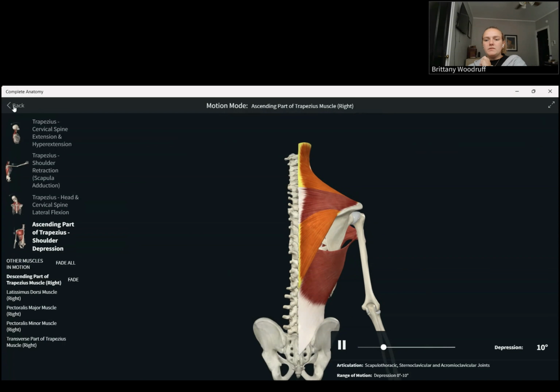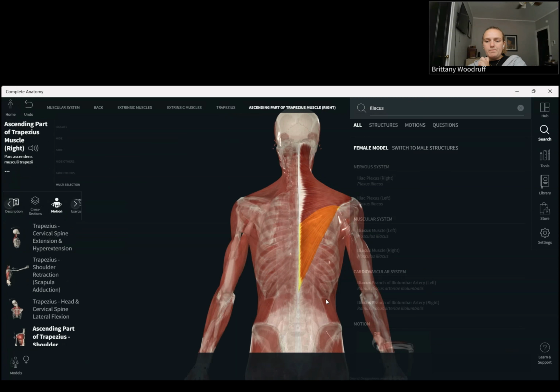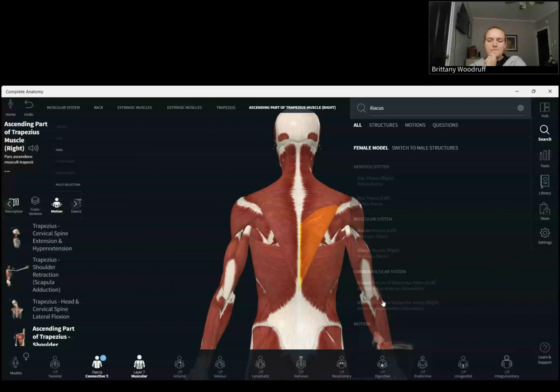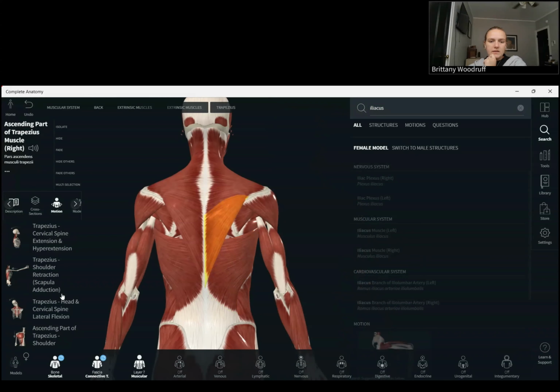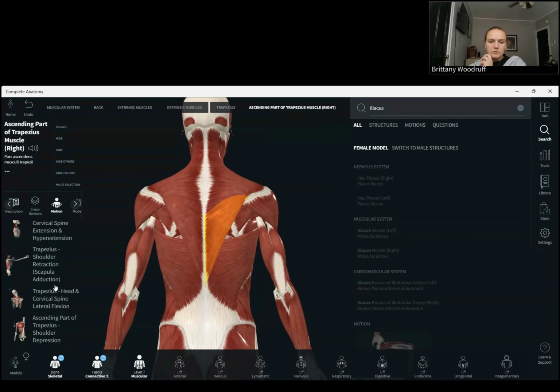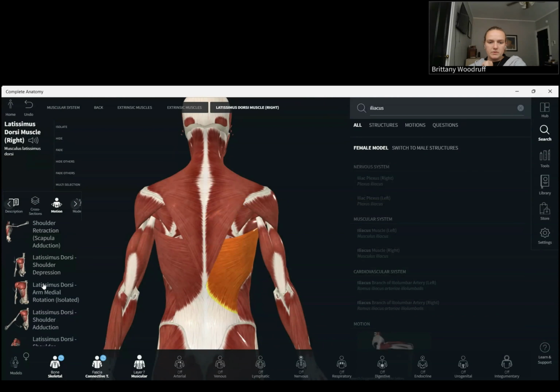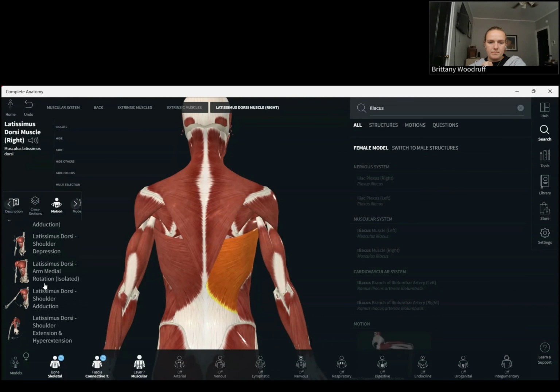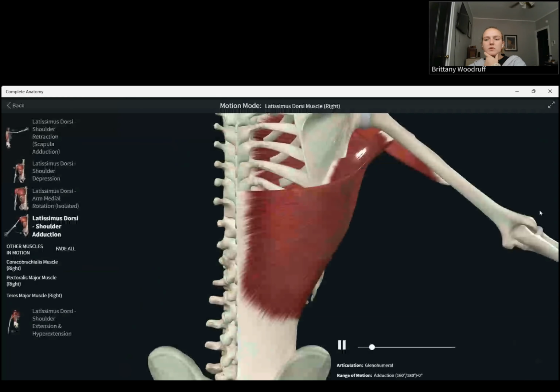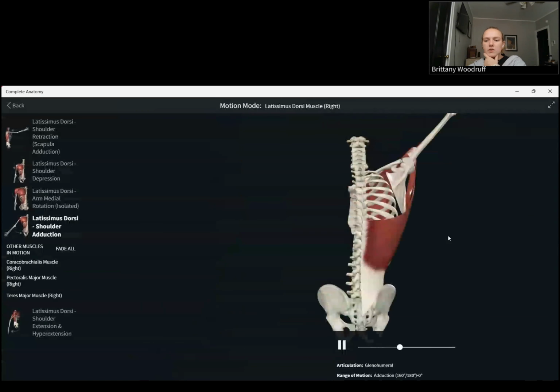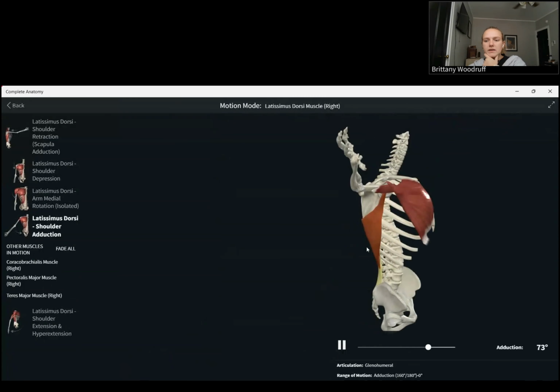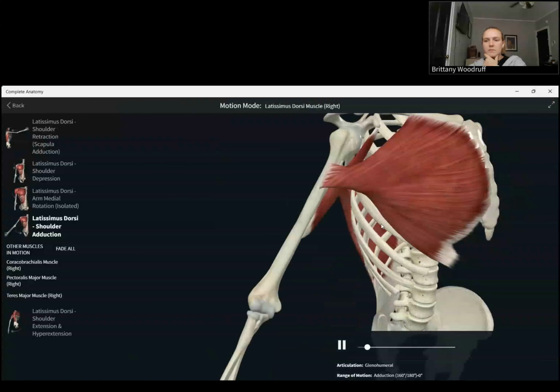Next, looking at your latissimus dorsi. Like I said, the latissimus dorsi is a good one to show you guys on. This one. You can see it wraps around your back to the inside of your humerus up here.